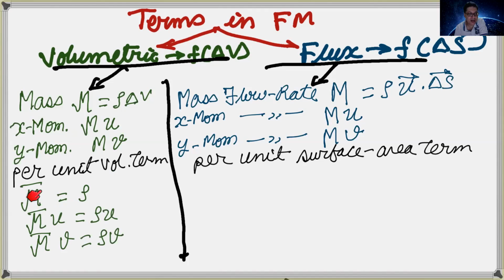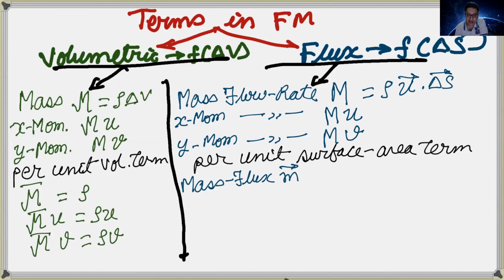The over bar represents a per unit volume term. This is the symbol for mass; if I use an over bar, it is per unit volume. Mass per unit volume is density, so this is the symbol for density. This is x momentum per unit volume. This is y momentum per unit volume.